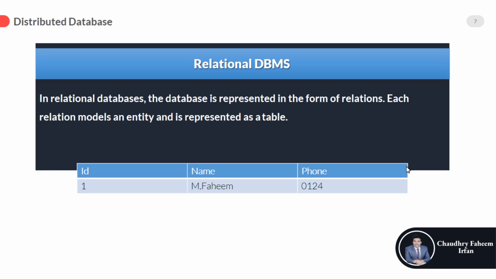The relational model consists of simple rows. A relation is a term used for a table. So a table is a combination of rows and columns. A relation represents a particular entity. RDBMS, relational database management system, is the most popular database management system. So like here is the table and these are the columns. So we can store data in this way.